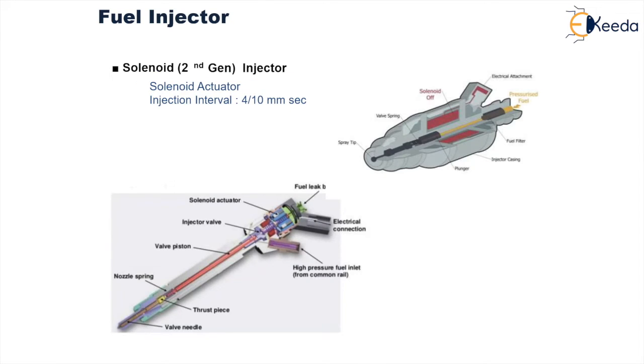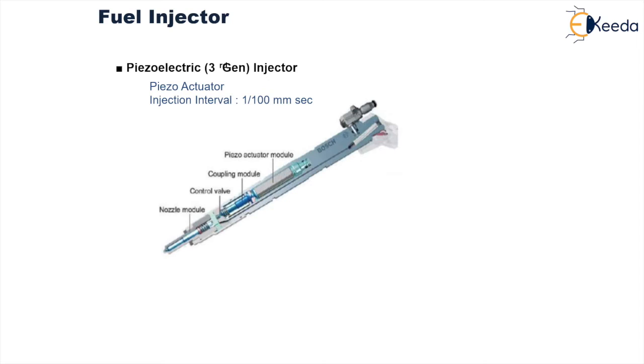Then you have the solenoid operated injection nozzle. Instead of a spring, you will find that there is a solenoid actuator. A solenoid actuator determines when the nozzle is to inject the fuel. This is basically a second generation injector nozzle. Then you have a piezoelectric, which is a third generation, and you know how a piezoelectric will operate, depending upon the difference of the pressures that is developed.